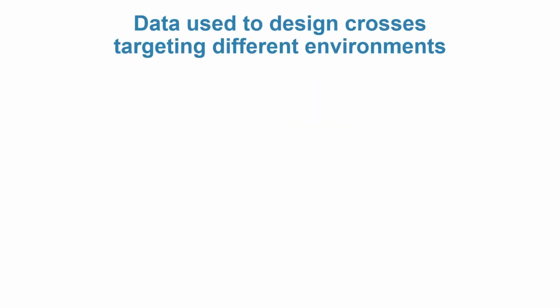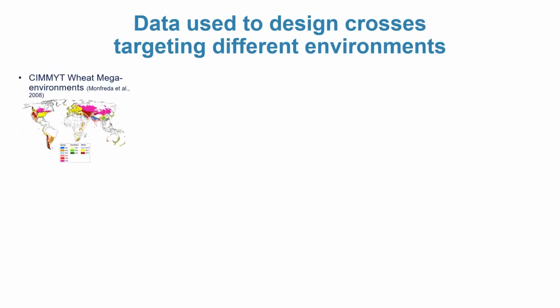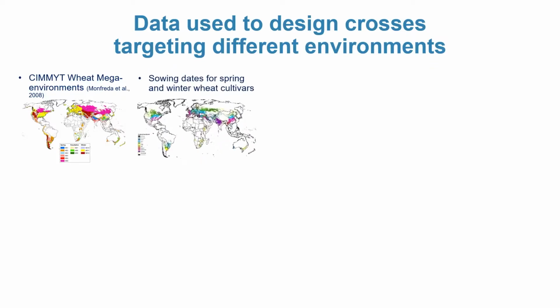Here I present some of the data used to design crosses targeting different environments. So first of all, we use the CIMMYT MegaEnvironments that classify environments based on sowing date, season, weather, temperature and precipitation, and disease pressures. So this is used to select what cultivars are going to be grown in which region for the baseline simulation. And the sowing dates we have also globally for spring and winter wheat cultivars.